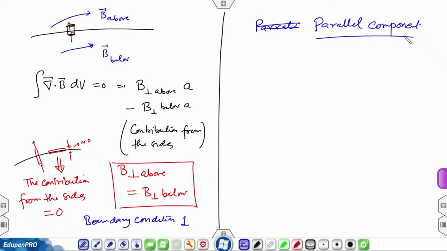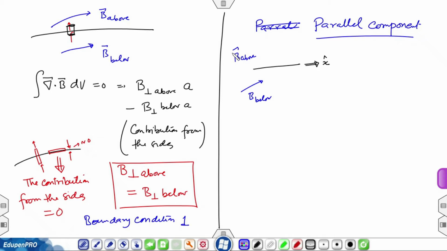Again, let us look at the surface, and locally where I am looking, let us say the direction I am right now taking is the x direction. There is some B field here, B below and B above.